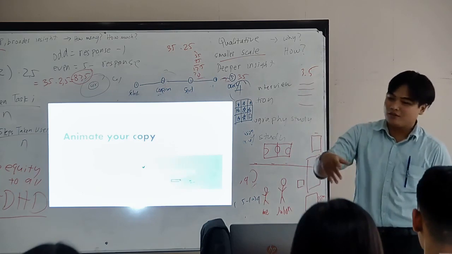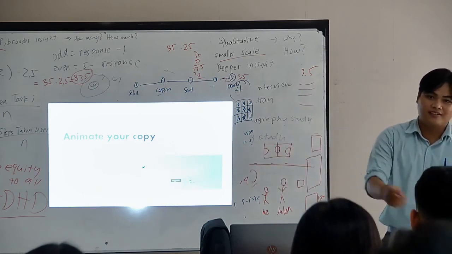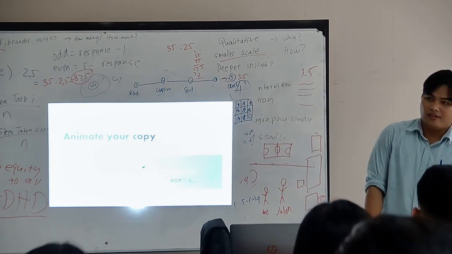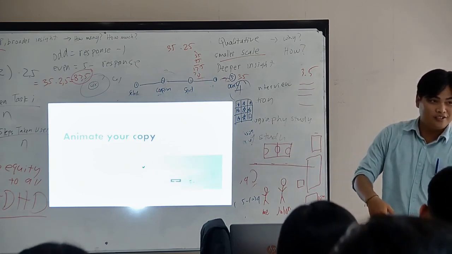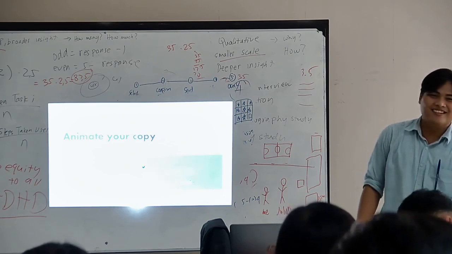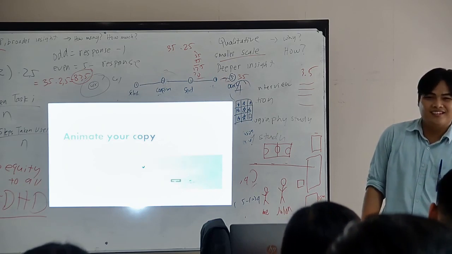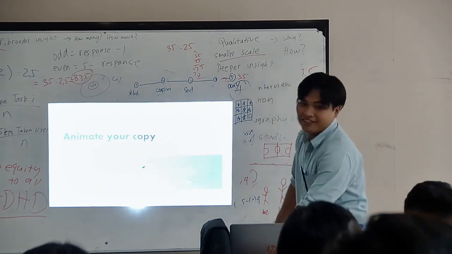Simple example: when we come to the class, we all wear shoes, right? If someone comes to this class with RGB shoes, what will you do? You will easily notice the difference.